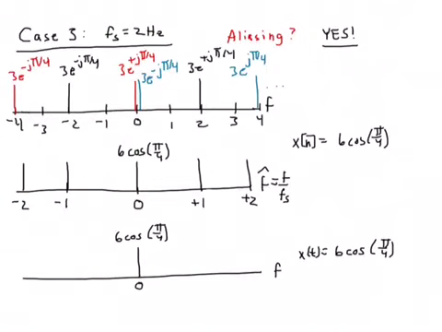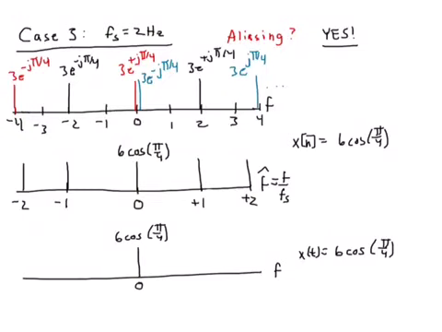I get a line here at 1, which, remember, the sample frequency in this normalized scale moves to 1, and then this is twice the sample frequency, etc. And all of these lines have the same height of 6 cosine pi over 4.